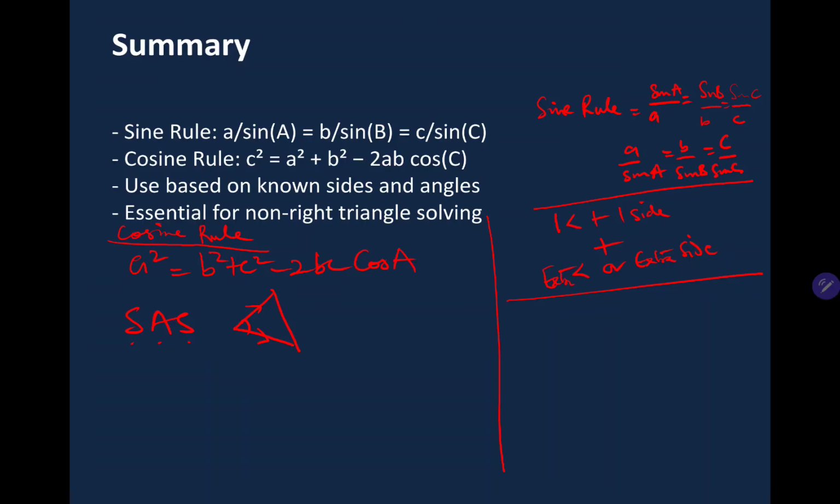Side angle side. So you have two sides and an included angle, then you use the cosine rule. Or you have three sides, side, side, side. In a triangle like this, you are given this side, you are given this side, and you are given this side. Then you can use the cosine rule to find the missing angle.